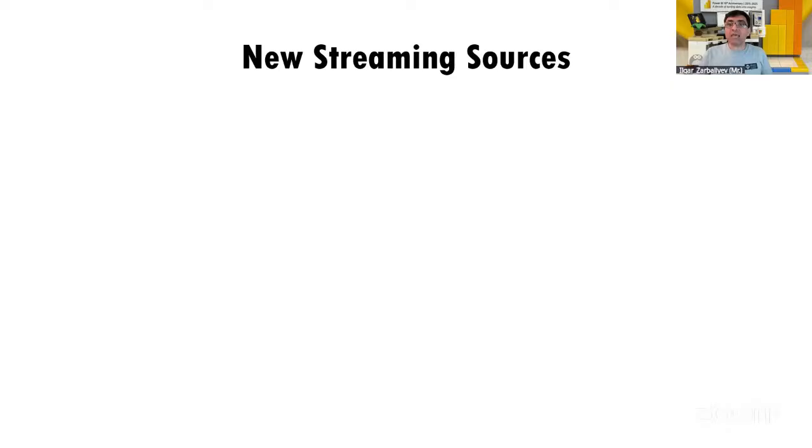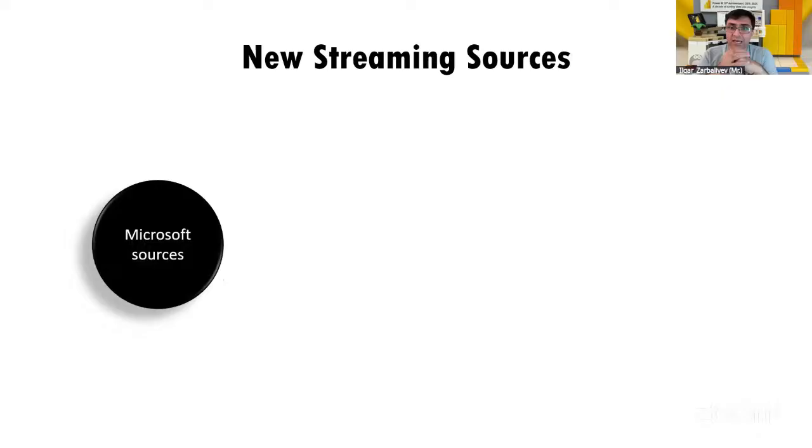So far, we have seen how the real-time hub helps us discover streaming data that already exists in Microsoft Fabric. But what if the data source you need isn't available yet? That's where the Add data experience in the real-time hub comes in.